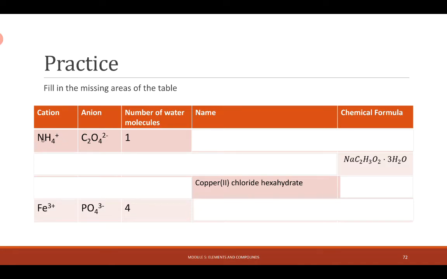So if we have a cation of NH4+, that is ammonium. That is a polyatomic ion known as oxalate. So that's ammonium oxalate and 1 water molecule. And so that's monohydrate.